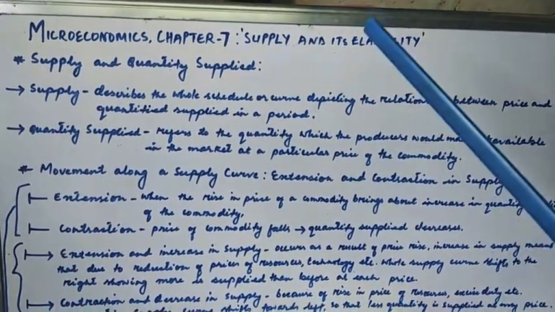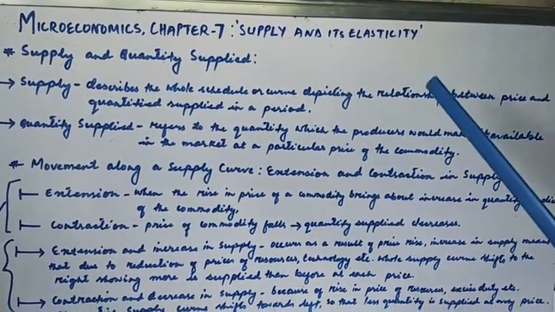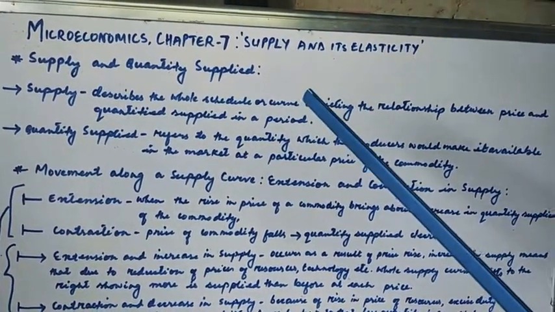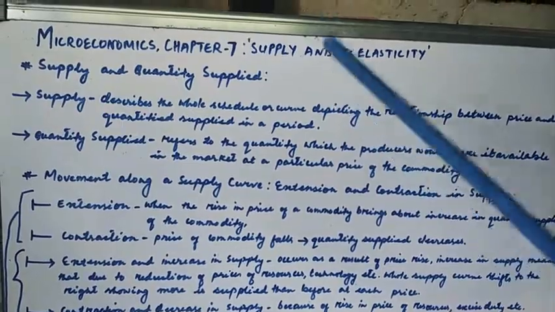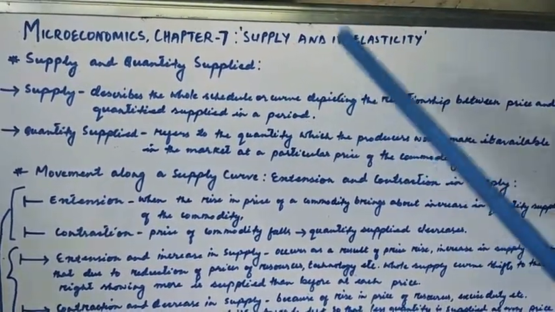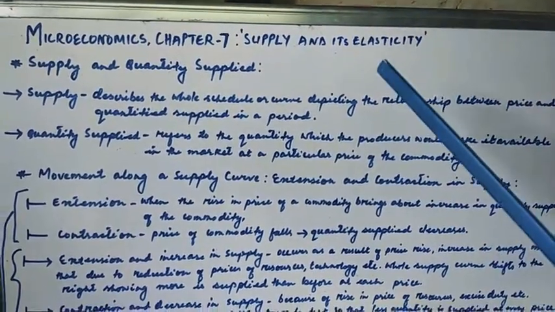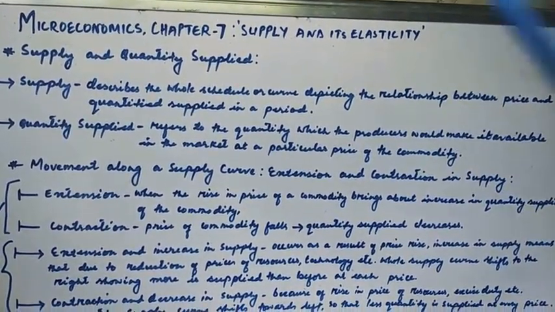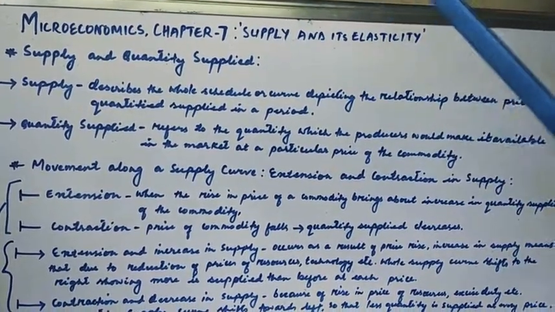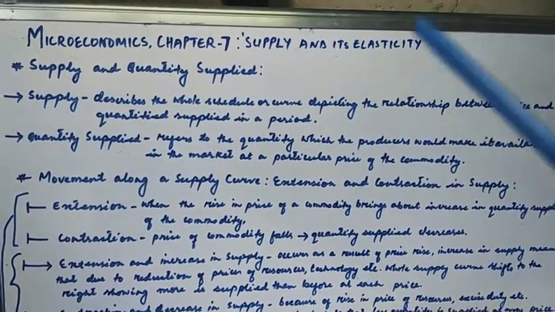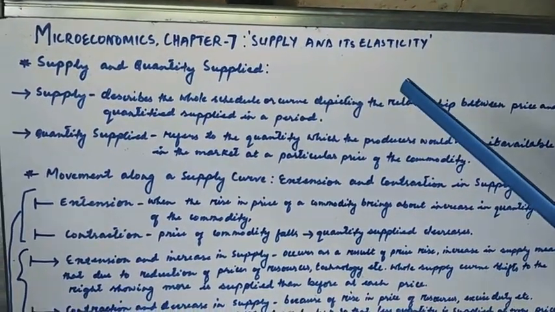Supply is just indicating the relationship between the price of a commodity and, at that price, how much quantity is supplied in a particular period of time. It is nothing but the relationship between price and quantity supplied, because supply is made according to the prices.